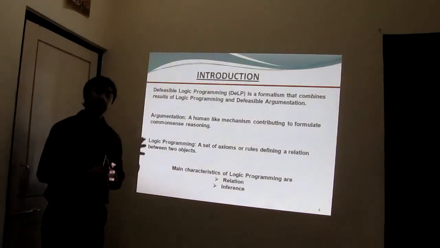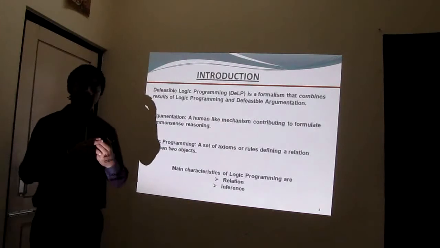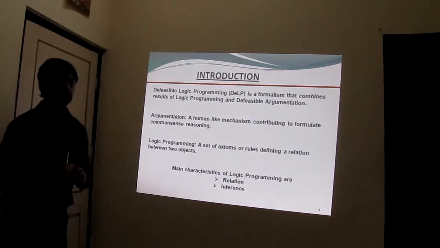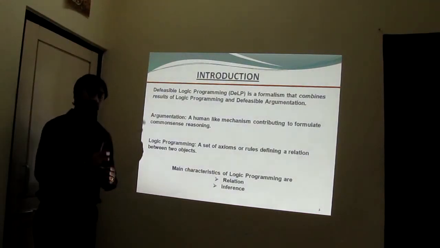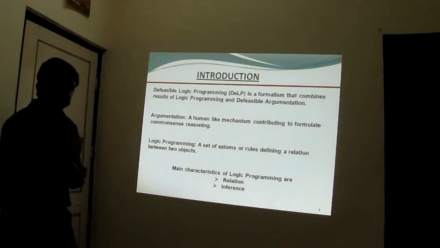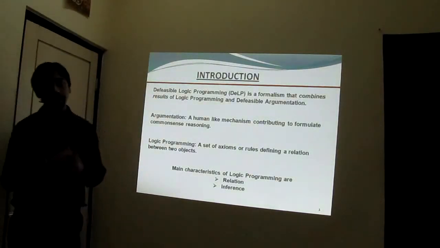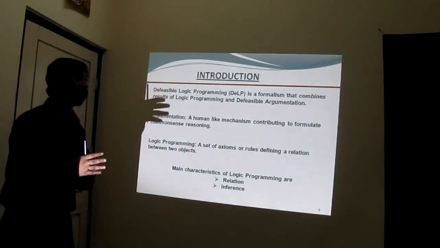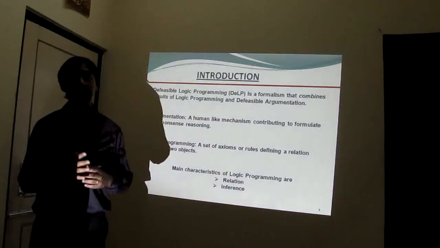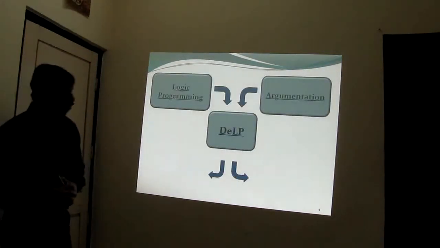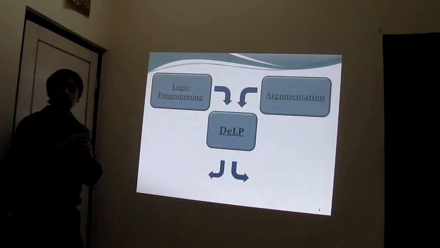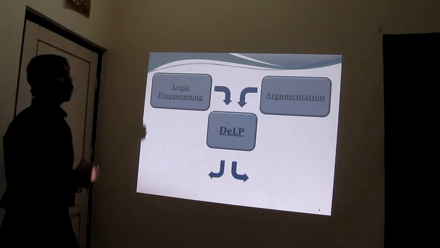So let us consider a situation where we have two statements: A is the father of B and B is the father of C. So the relationship between the objects A and B is father-son, and the relationship between B and C is also father and son. So from these two statements we can infer that the relationship between A and C is grandfather and grandson. Logic programming and argumentation provide the foundation for Defeasible Logic Programming.